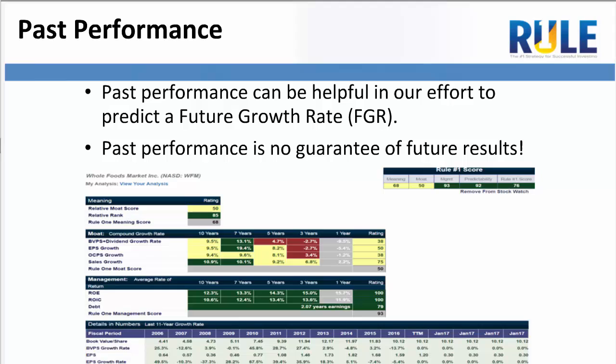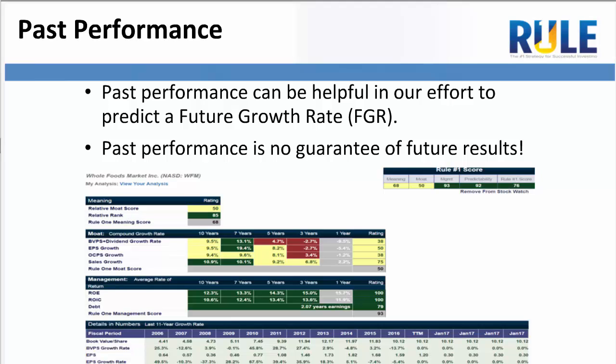All right, so we are going to dive in a little bit now into our toolbox. We call it the toolbox, where we, on our website, have built these great tools to help us quickly analyze a company, look at the past, figure out how it has done in the past, and then do research in various ways to help figure out what the future might look like.